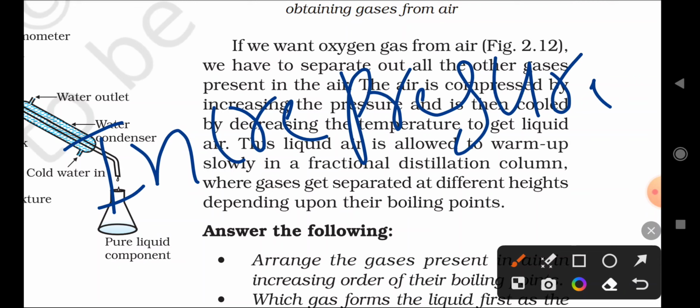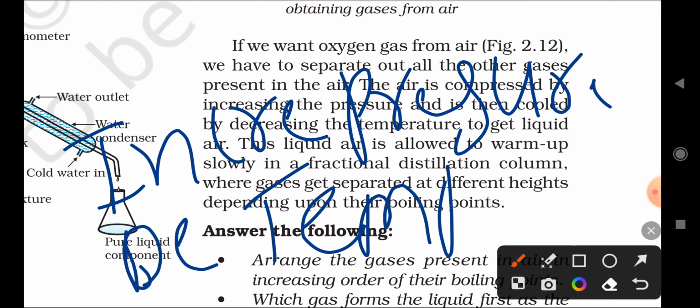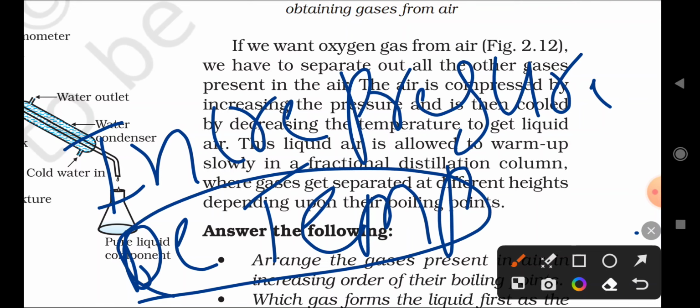After that we have to cool it down by decreasing the temperature. This is the method.